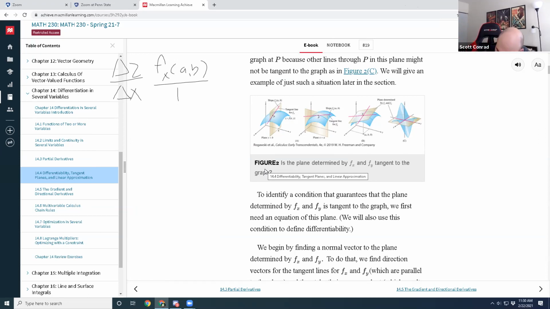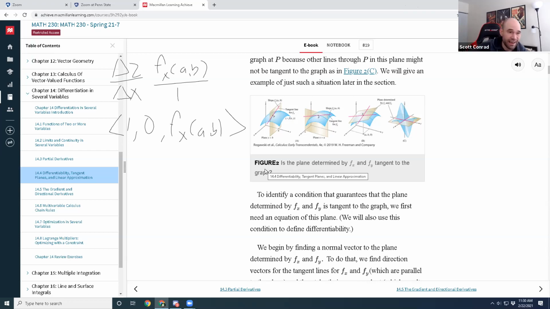So the direction vector for that is going to be: x is 1, the change in y is 0 because we're fixing y there, and we have f sub x, the partial of f with respect to x, at (a, b). So that's one vector parallel to our tangent plane.